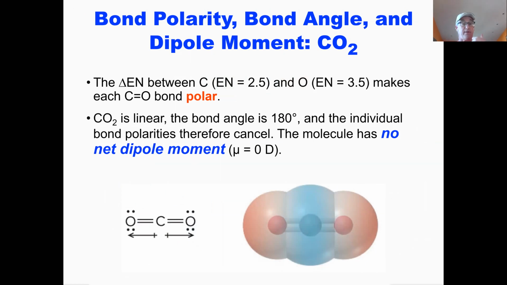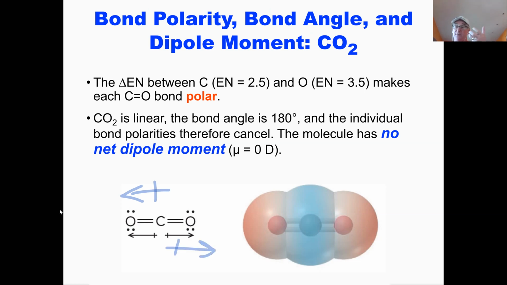What if it has more than one bond dipole in it? And we've already looked at this. This is a classic example of a molecule that has more than one bond dipole in it because there's two bonding groups. So it's a dipole in this direction, and it's a dipole in this direction.